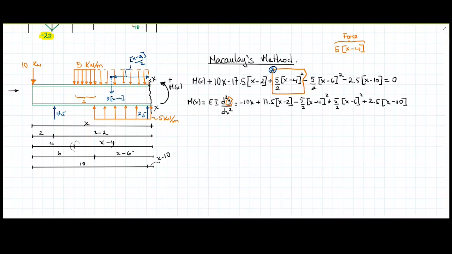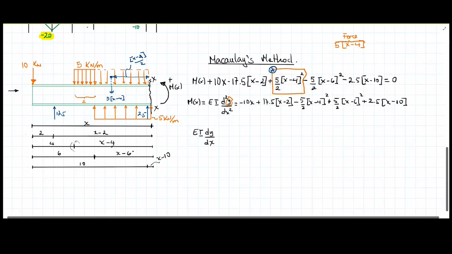That's it. So if I perform the first integration of this, I'm going to end up with EI dy divided by dx. And this is going to be equal to the integration of this. That's going to be minus 10 divided by 2 x squared plus this other force here, or moment, 0.5 divided by 2 x minus 2 squared minus the integration of this term here.